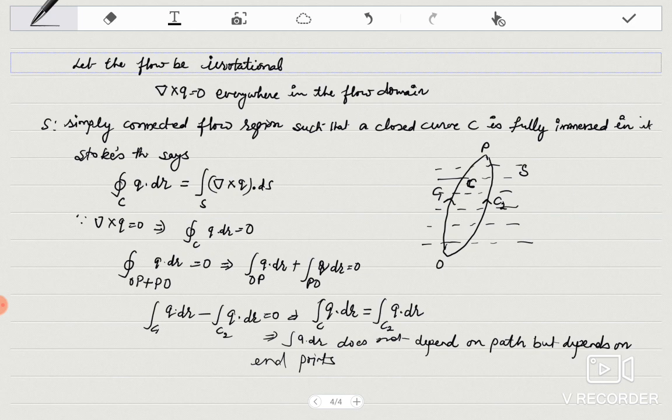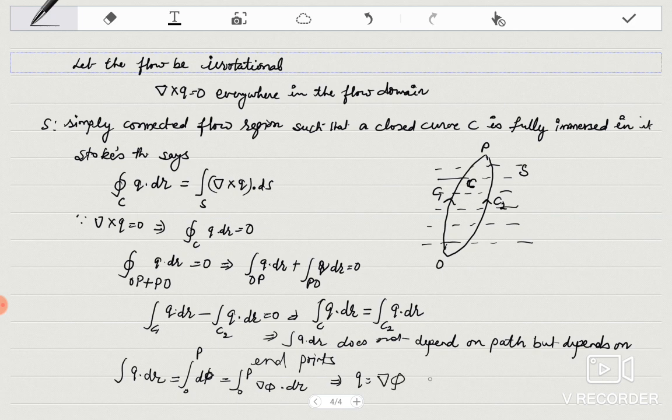So if I say that there exists a solution of it, I write q dot dr is equal to d phi, and this d phi depends upon the endpoints O and P. Or I may write it as the integral from O to P of gradient phi dot dr, and then comparing, I write q is equal to gradient phi.